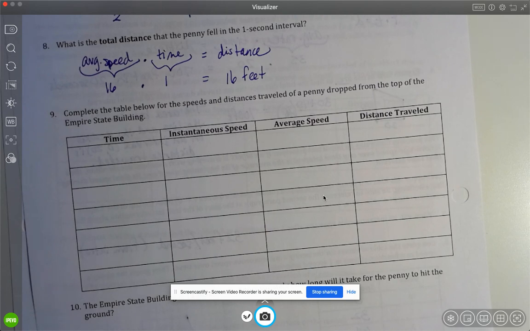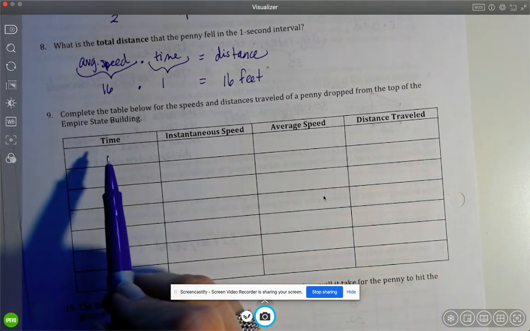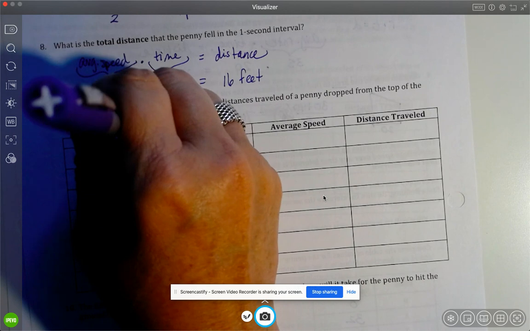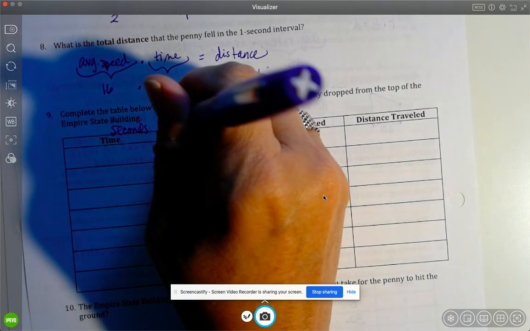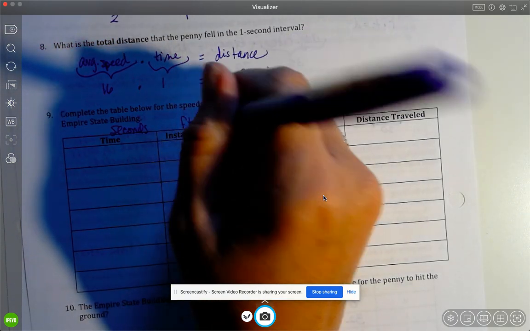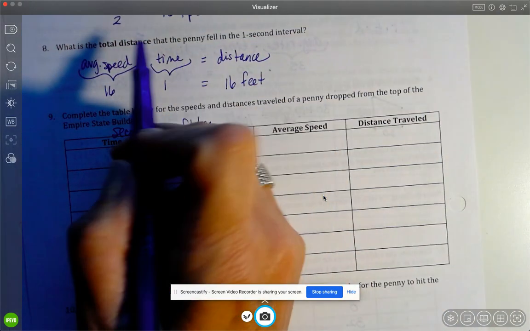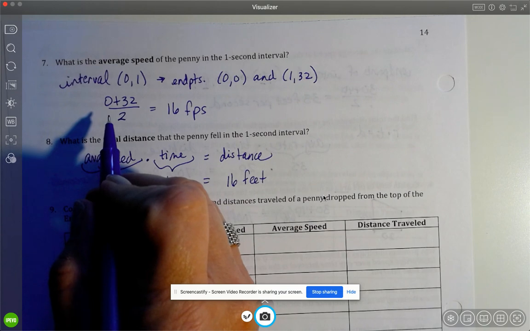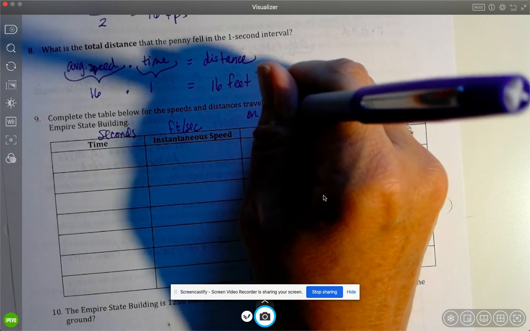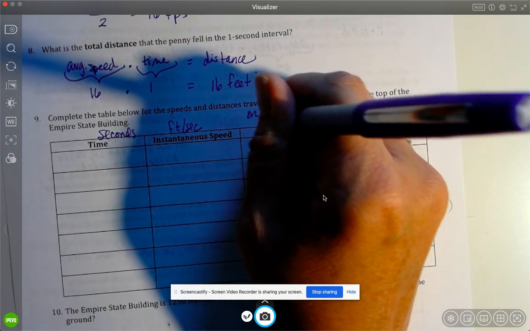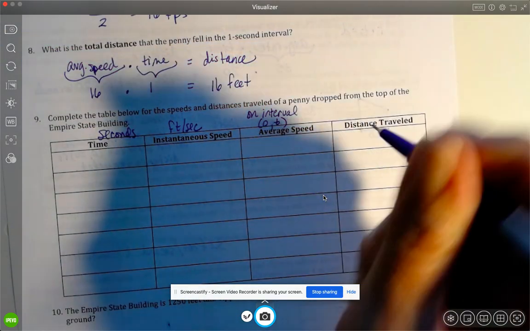Okay, now think about these headings here. Time is in seconds, so I'm just going to put that, seconds. Instantaneous speed is in feet per second. Average speed is always on the interval, just like we did up here, number 7. Average speed is on the interval from 0 to whatever time you're talking about, 0 to t, I'll put.